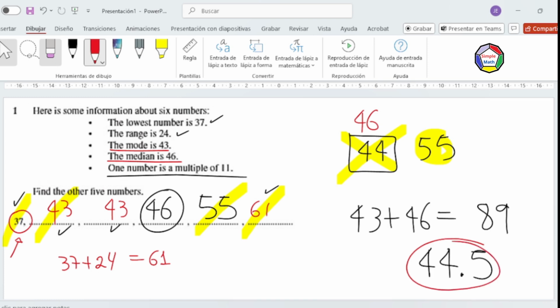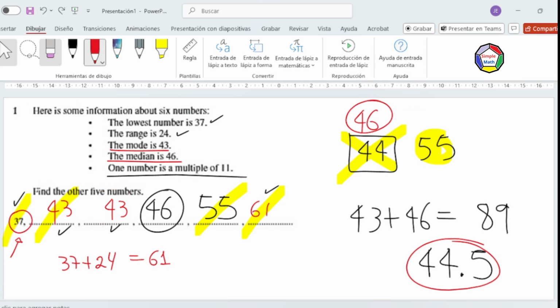That means maybe the number 46 is not part of the distribution. Maybe the number 46 comes from the average of 43 plus another number that I don't know, that I will discover, but actually definitely is not 46, right? It's not 46. How do I discover that number?